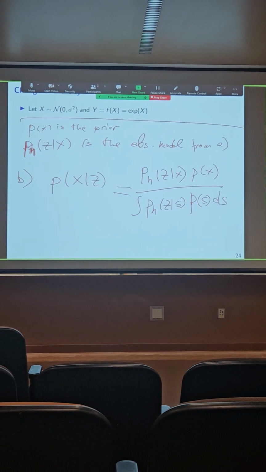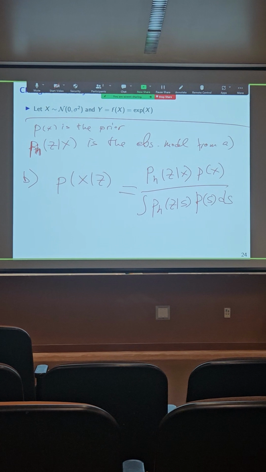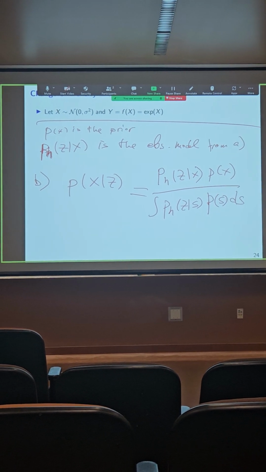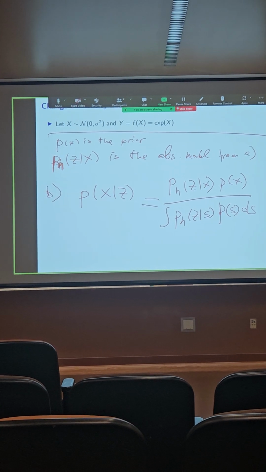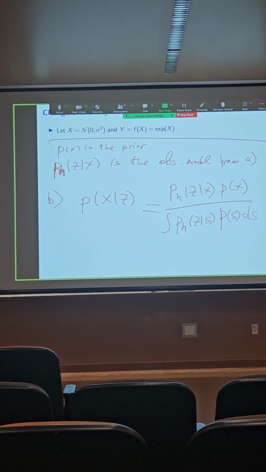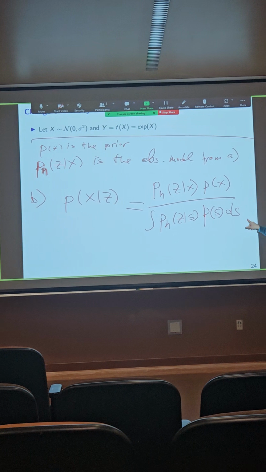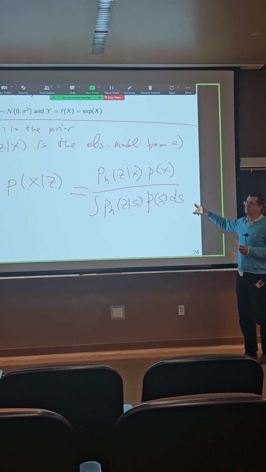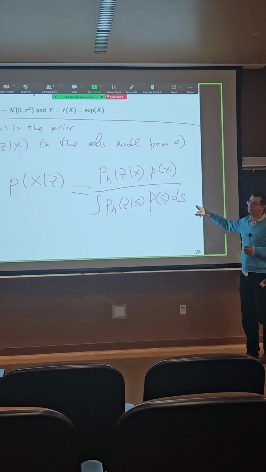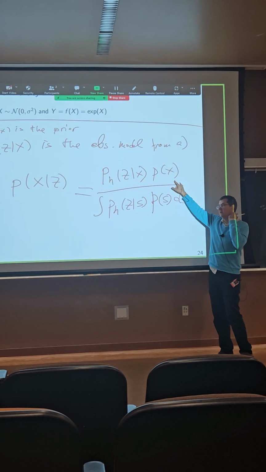The proportional way that you're talking about is basically making sure that the integral of a constant times the probability equals 1. You're saying you don't need to calculate the normalization term, you could just say the posterior is proportional to this.